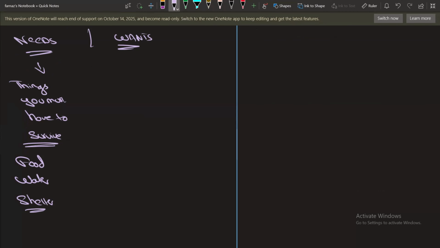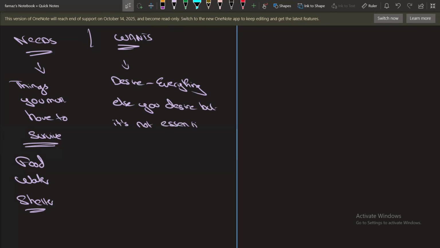And be practical. Want is like a desire, everything else you desire, but it's not essential for survival. Okay.